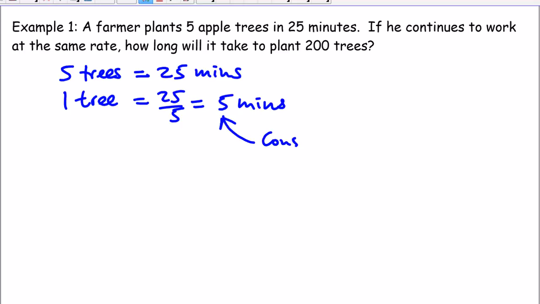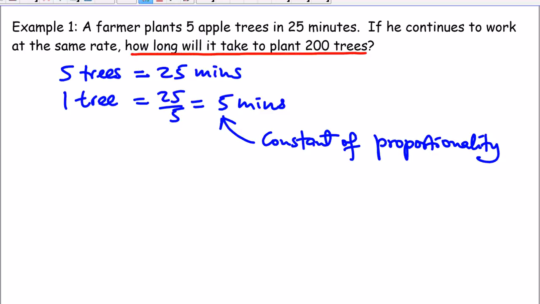And actually, this 5 here is our constant of proportionality. And you can use that constant of proportionality to work out the number of minutes required for any number of trees. So in this case, they're asking how long it will take to plant 200 trees.